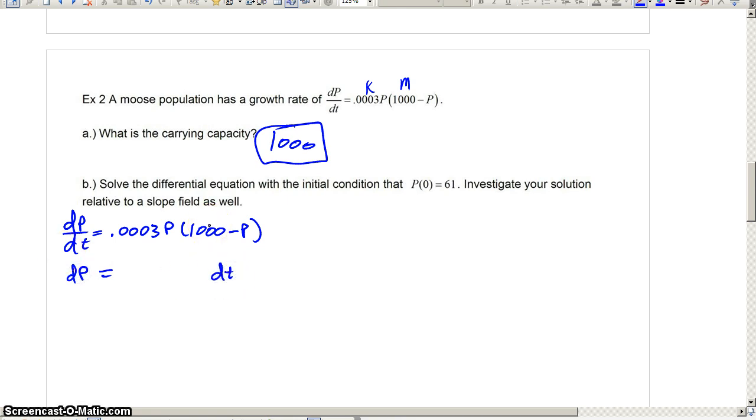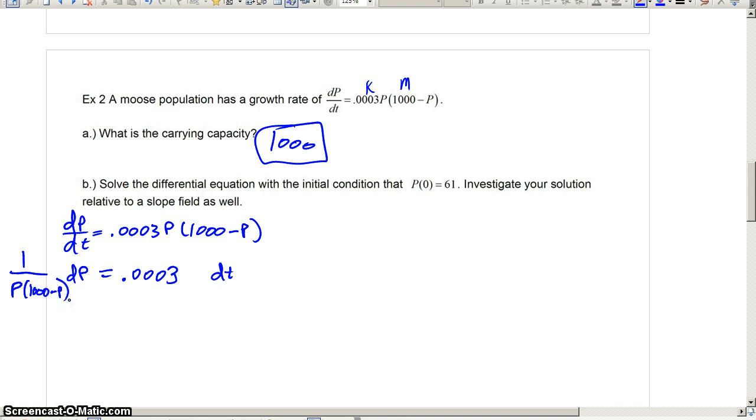Multiply both sides by dt, and I'm going to leave the 0.0003 over here. However, on the left side, I'm going to divide. I need to bring my P's over. I'm going to have 1 over P times (1,000 minus P).